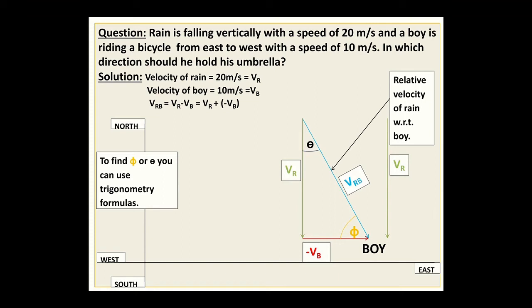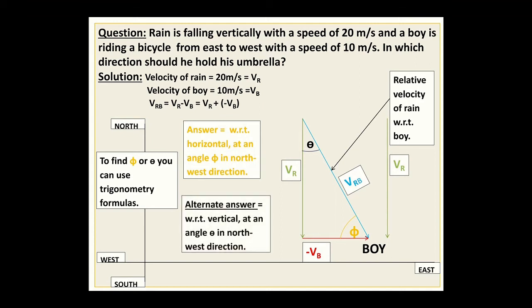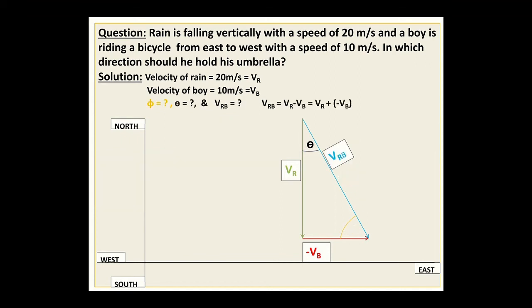To find phi and theta, you can use trigonometrical formulas. Your answer will be, with respect to horizontal, the boy has to hold his umbrella at an angle of phi, and with respect to vertical, the boy has to hold his umbrella at an angle of theta to prevent him from raindrops.